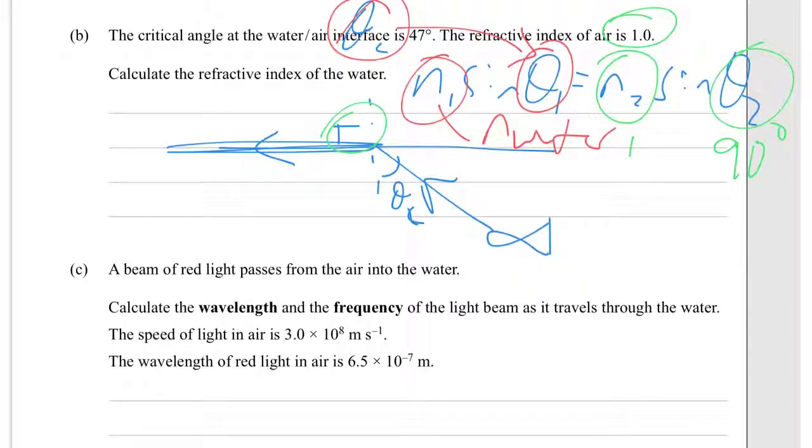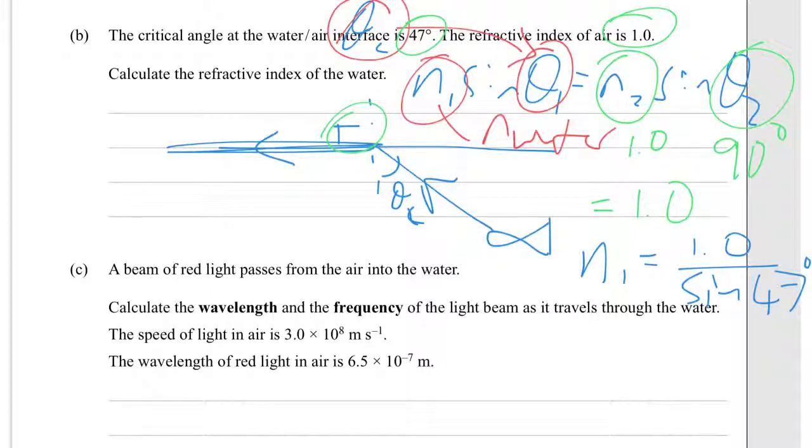And since that's 1.0, sine 90 degrees, you end up with a 1.0 on the right hand side. So 1.0 equals n1 sine theta 1, which is sine 47 degrees. I'm getting a bit mixed with my colours now, but our final thing we're going to get is n1 equals 1.0 divided by sine 47 degrees. Okay, and you can calculate that out. Go through again if you're not sure how I've come to that answer.